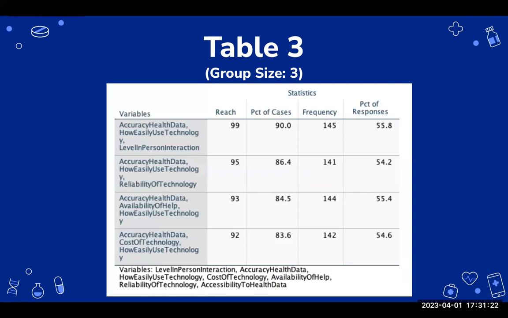Here we can see that combining the factors, accuracy of my transmitted health data, how easily I can use RPM technology, and level of in-person interaction with my regular healthcare provider had the greatest reach across all participants, with 99 out of 105 people surveyed selected these 3 factors as being the most important if they or a loved one were considering to use RPM.